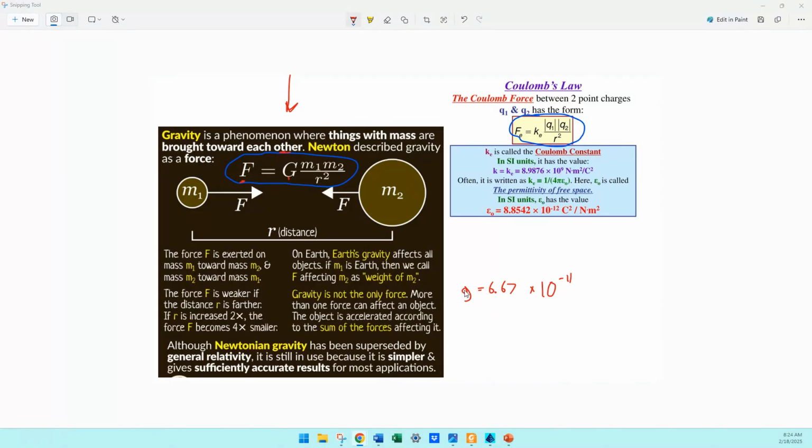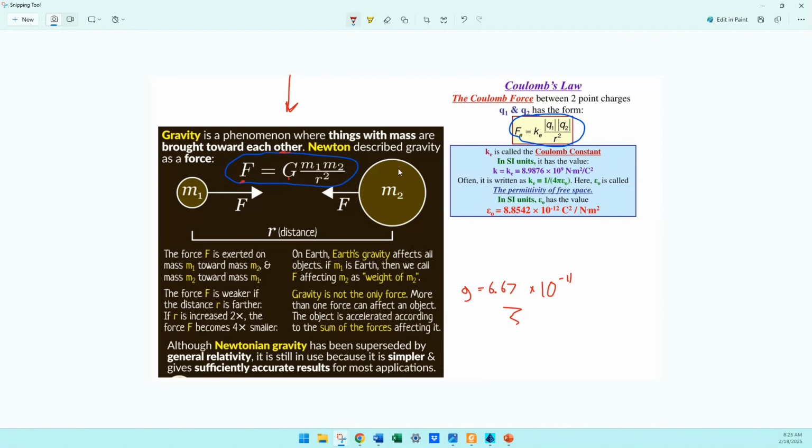It is in fact G equal to 6.67 times 10 to the negative 11. So the force of gravity between two objects is equal to G, a teeny weeny number, times the masses of the two objects multiplied by each other, divided by the distance between them squared.